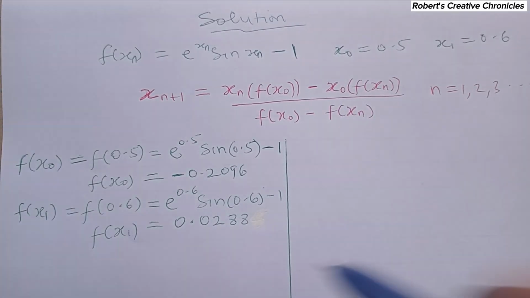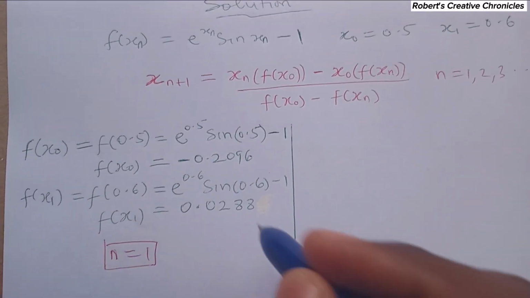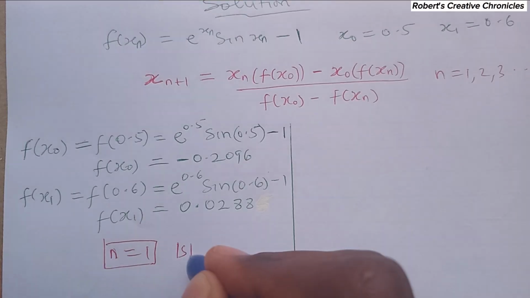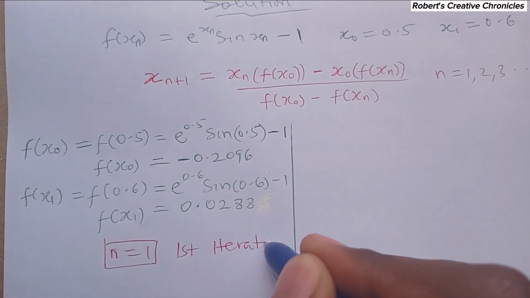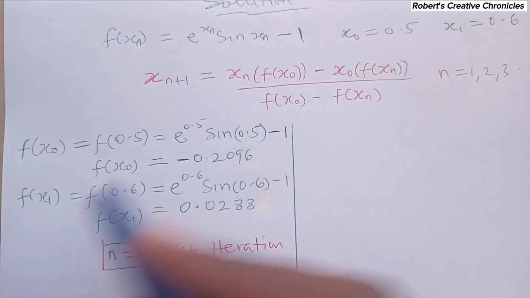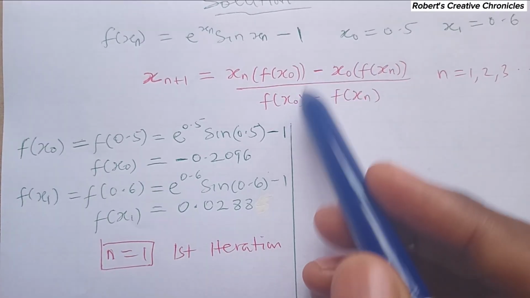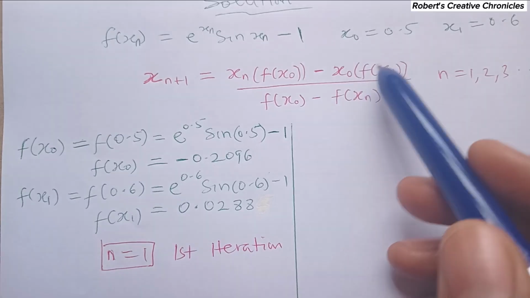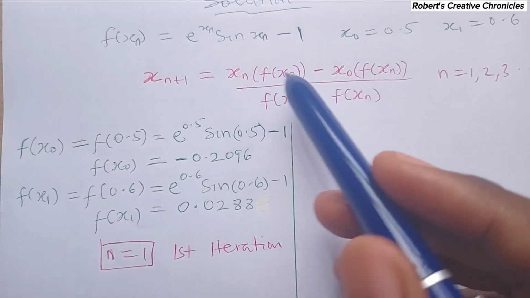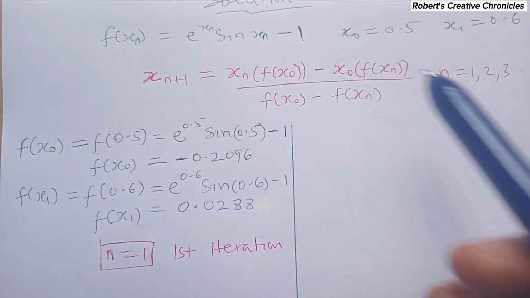So now we'll start the iteration. n is equal to 1. This is my first iteration. We'll substitute n = 1 here. But f(x0) is constant, so f(x0) will not change, and x0 also will not change.